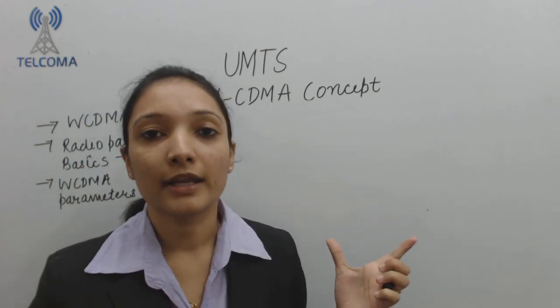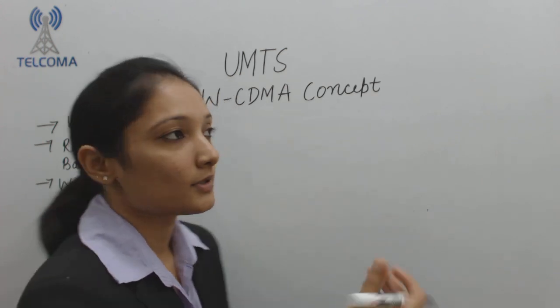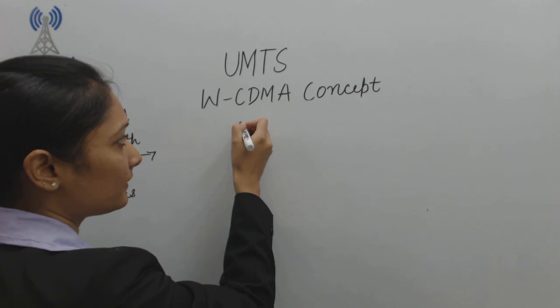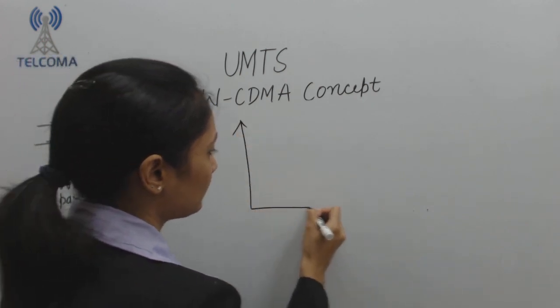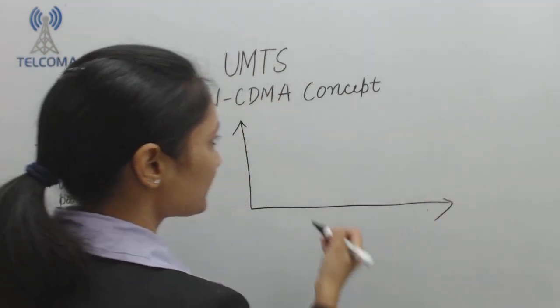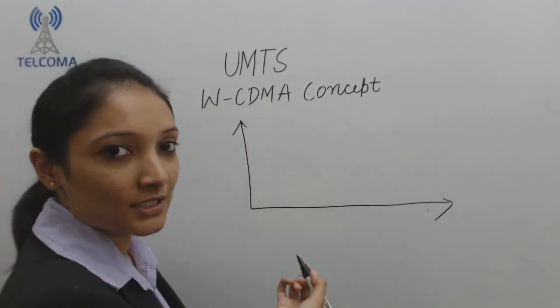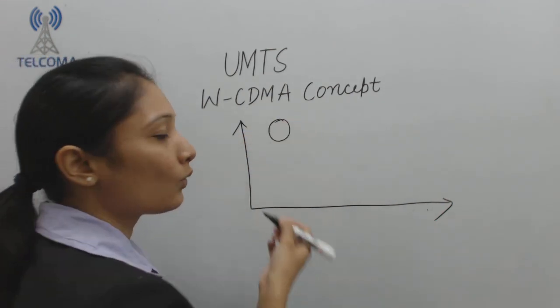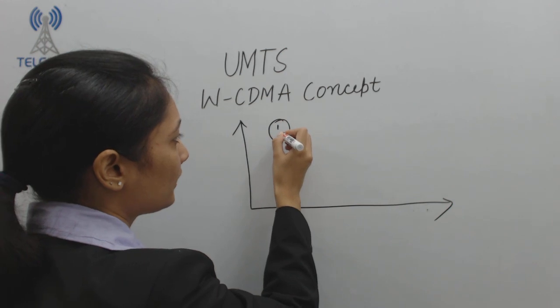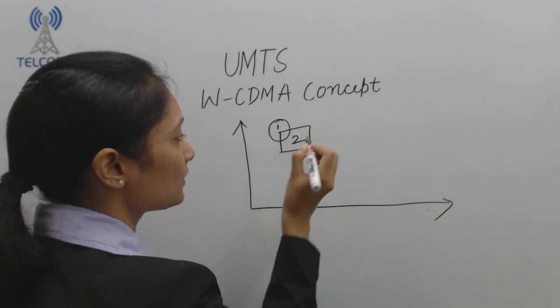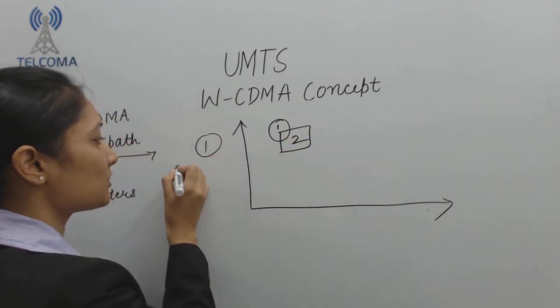That means it can accommodate a large number of users. Our CDMA system can be related, for example, like this: this is my transmitting side, this is the code for user 1, this is the code for user 2. Here I will mention them separately.